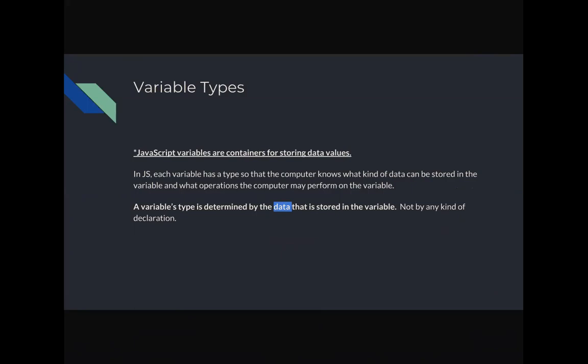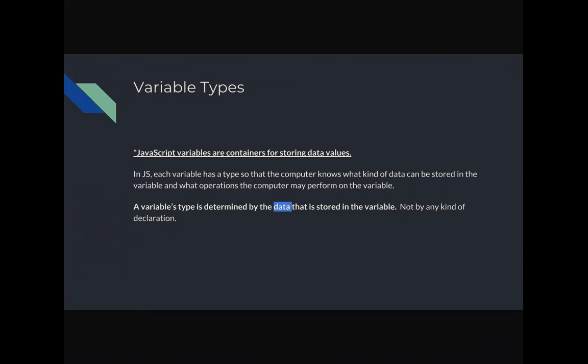And something important to talk about, and you were speaking about this last week, is types. Languages like C++ are strongly typed. JavaScript is weakly typed, meaning that you don't have to declare a variable with its specific type.